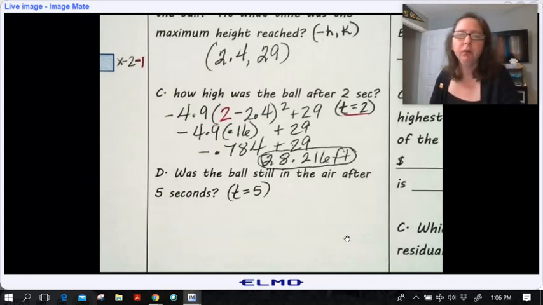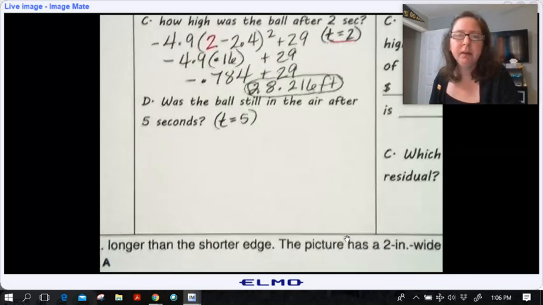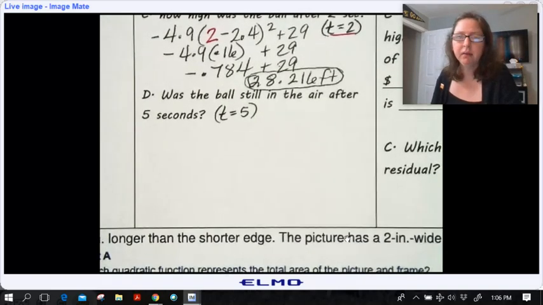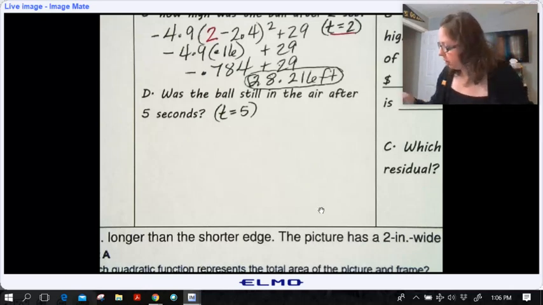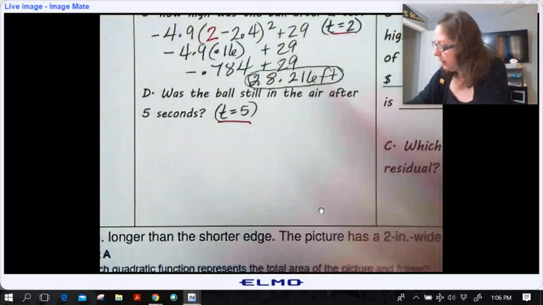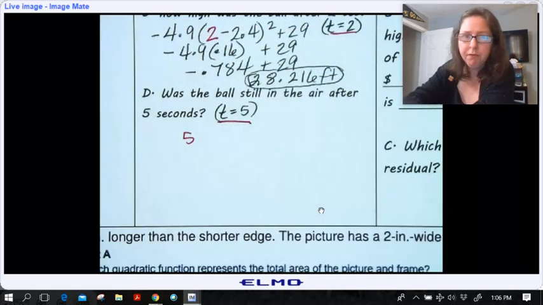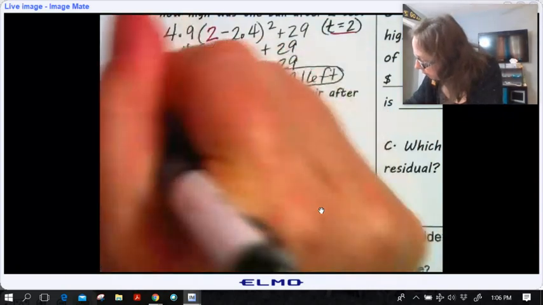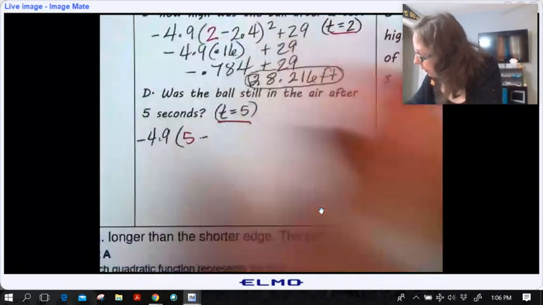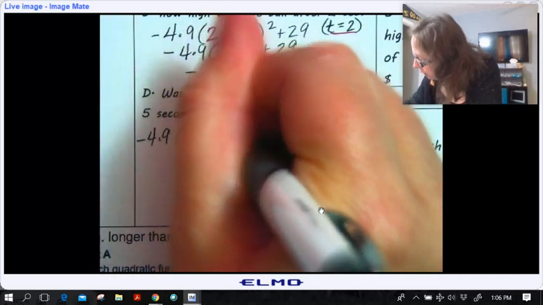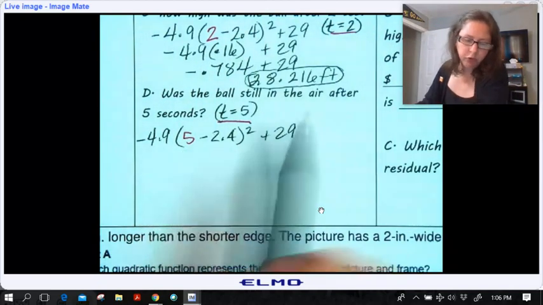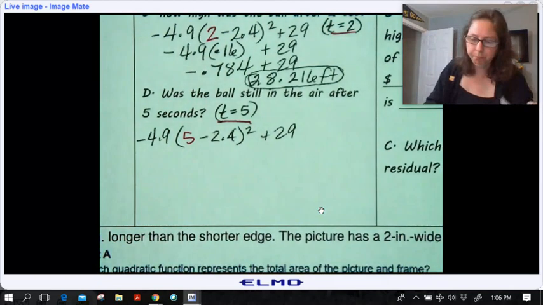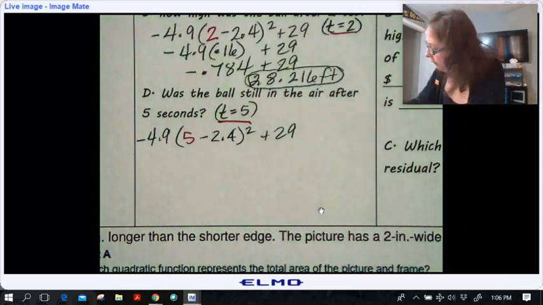All right, now here's a question. Was the ball still in the air after 5 seconds? So let's do this by hand first. Again, we're going to plug in t equals 5, okay? Minus 2.4 squared plus 29. 5 minus 2.4 is going to give me 2.6.